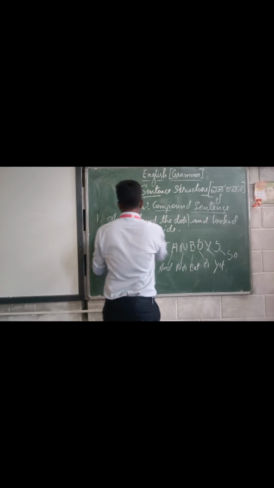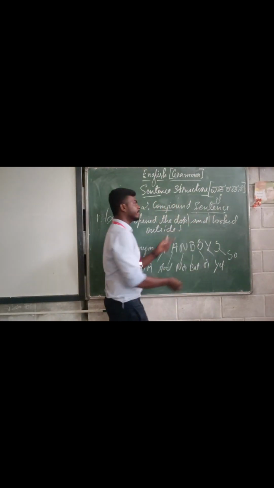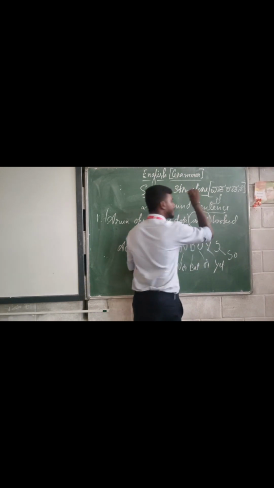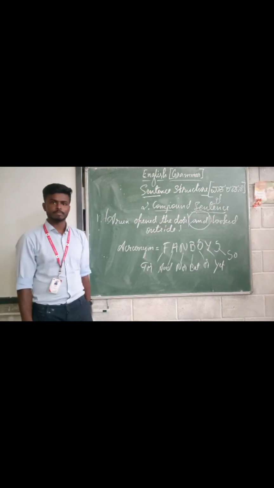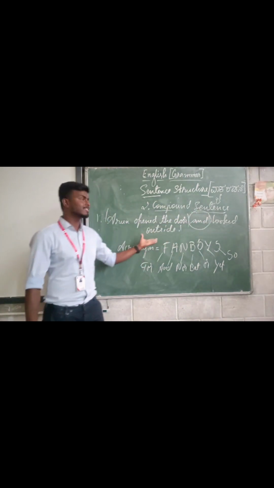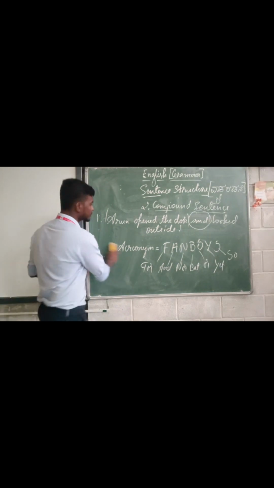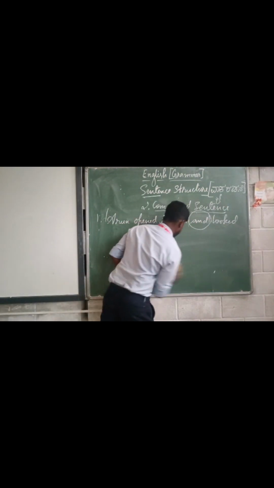This is one independent clause. Looked outside is also an independent clause, and here we have added a coordinating conjunction, that is and. Arun opened the door and looked outside. So this is your compound sentence. Understood? So one more example I'll give.